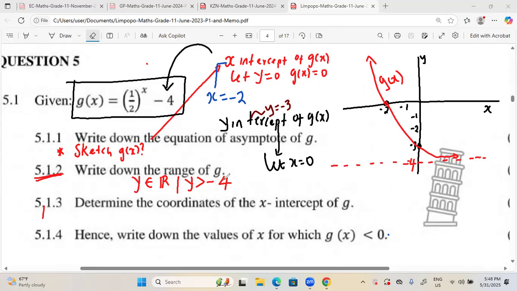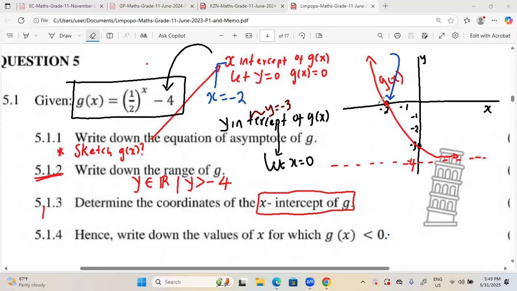Now let's answer 5.1.3, which says determine the coordinates of the x-intercept of g. I already taught you how to find the x-intercept of a function. And if you look at the graph, the x-intercept is this -2, because the x-intercept is where the graph cuts the x-axis.